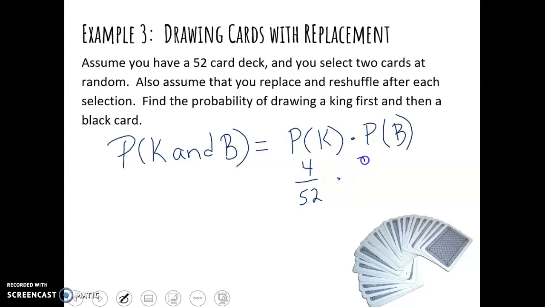There are 26 black cards out of 52. I would just multiply these out the way they are. 4 out of 52 times 26 out of 52. And we get 0.0385.